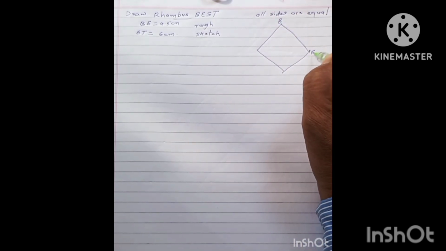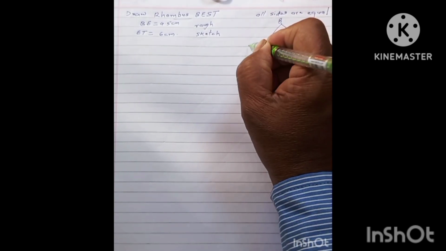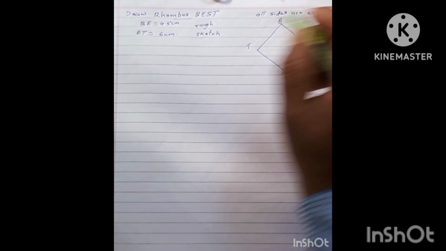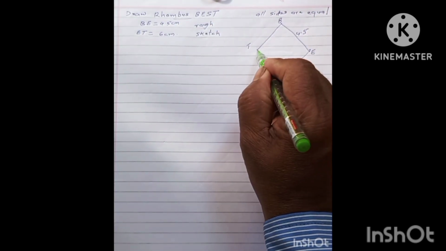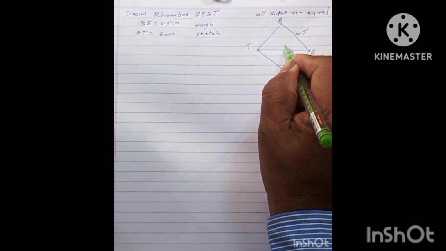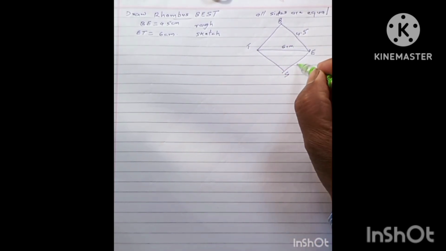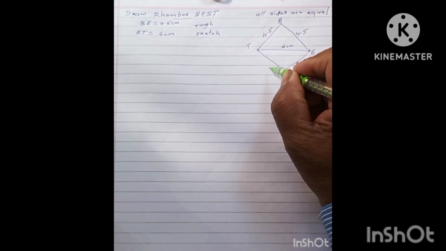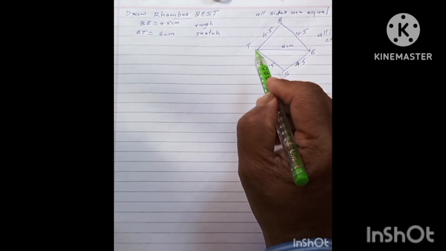See, this is BEST. Now this is 4.5. That means all the sides are 4.5. This is 6.0. So all sides and a diagonal are given. So he has given you 5 measurements, 5 dimensions. Okay, all in centimeters.